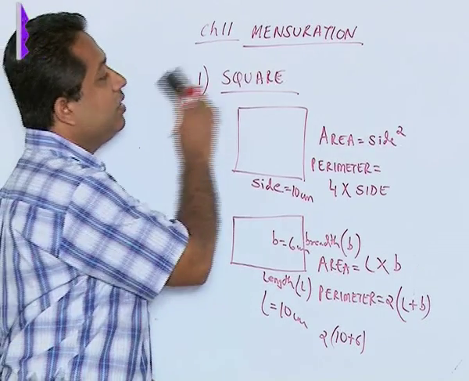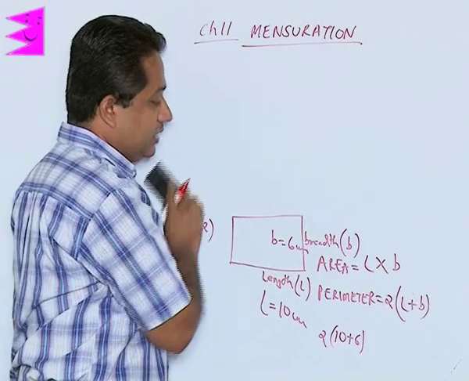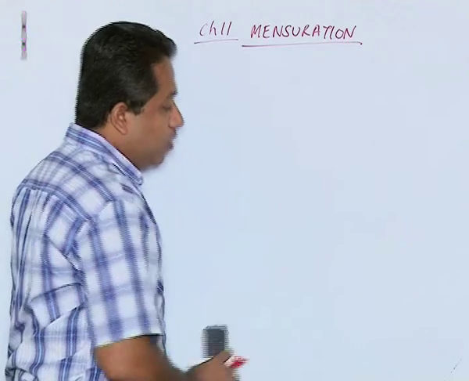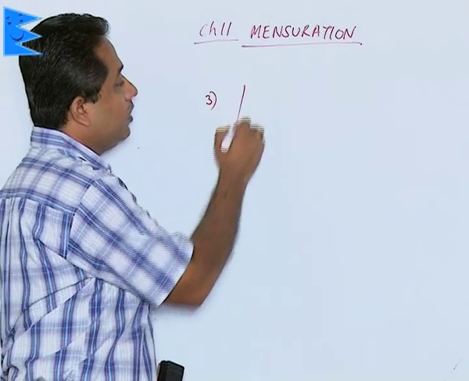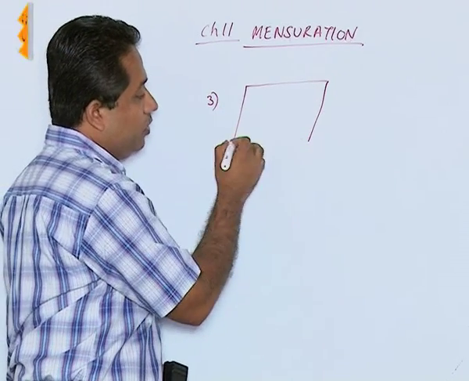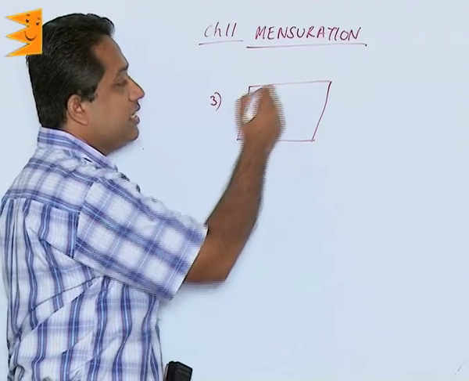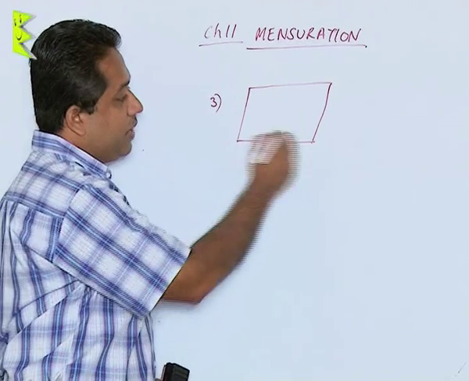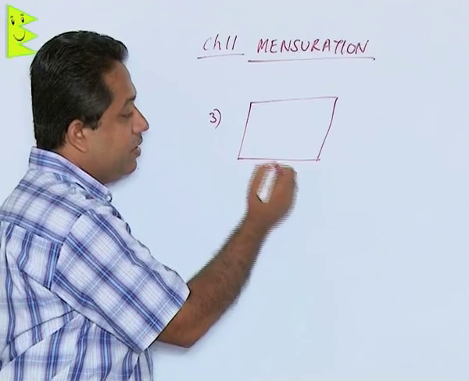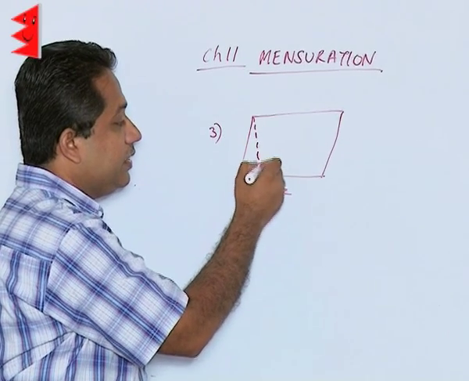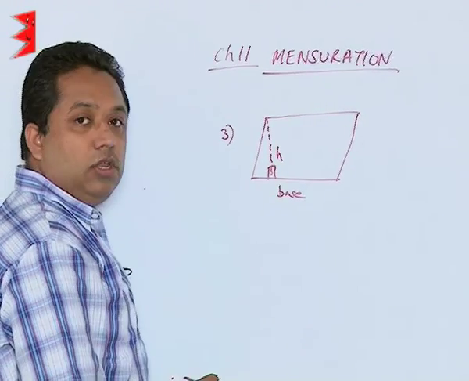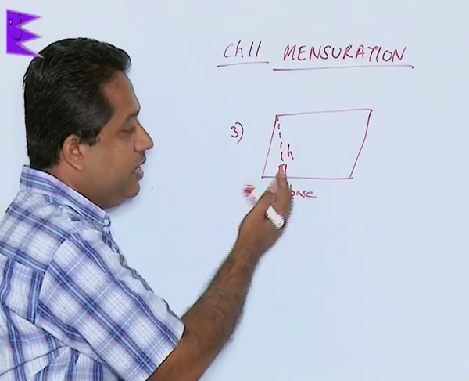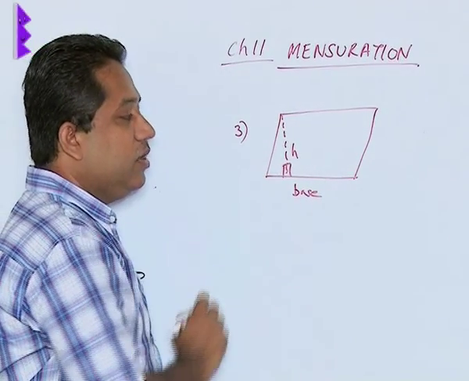Next figure, after square and rectangle, we can take a parallelogram. This is a parallelogram. We know the property of a parallelogram, that opposite sides are parallel and equal. So, the parallelogram will have a base and the parallelogram will have a height. The height is also called the altitude, and this altitude will always be 90 degrees with respect to the base.